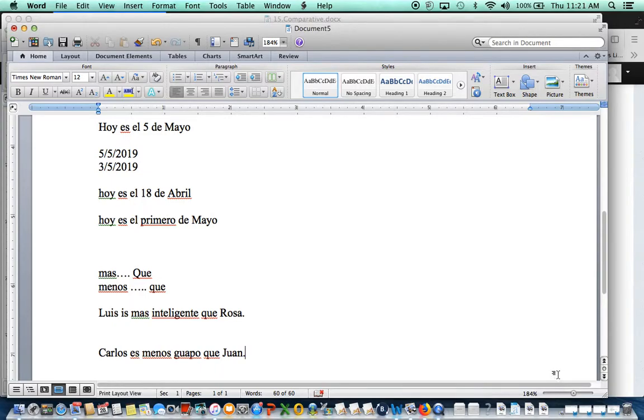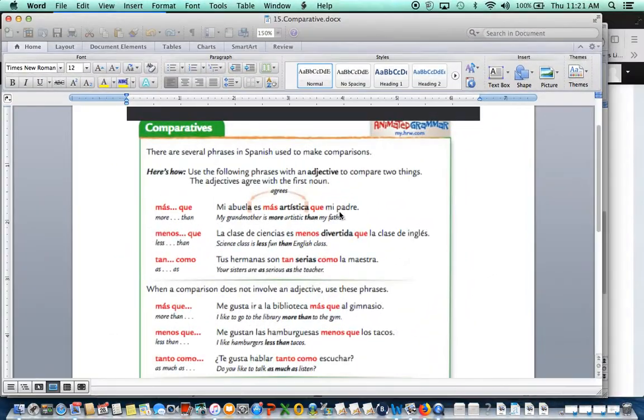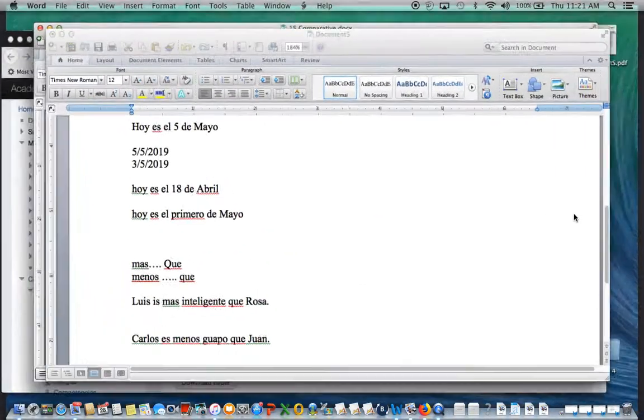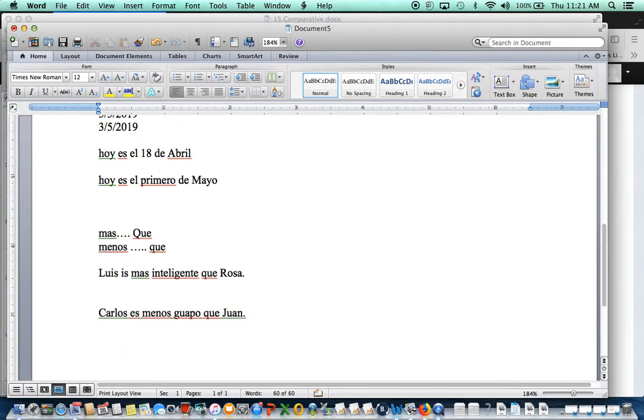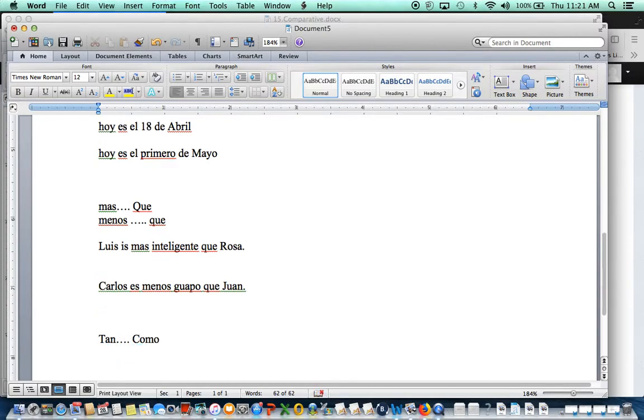And then the other one that is part of that group is tan como. Tan como, the comparison is equal, okay? Tan, and then an adjective, como, okay, that is as. So, Luis es tan guapo como Juan, all right?